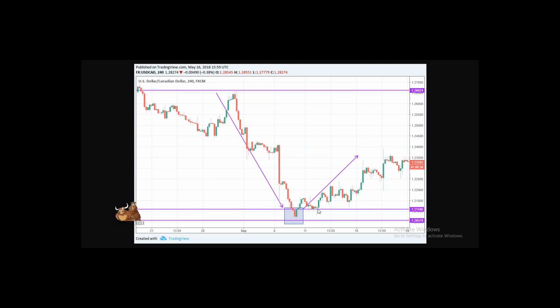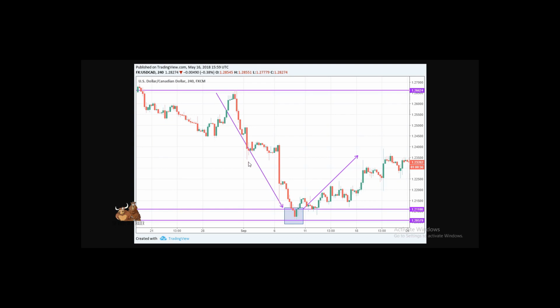In this particular example, if you decided to buy the price at the close of this 4-hour candlestick at 120.10, and put your stop loss below the low of the engulfing candlestick, which will be around 119.50, you risk 60 pips here. Then you can look for a big resistance where you can close your profit.